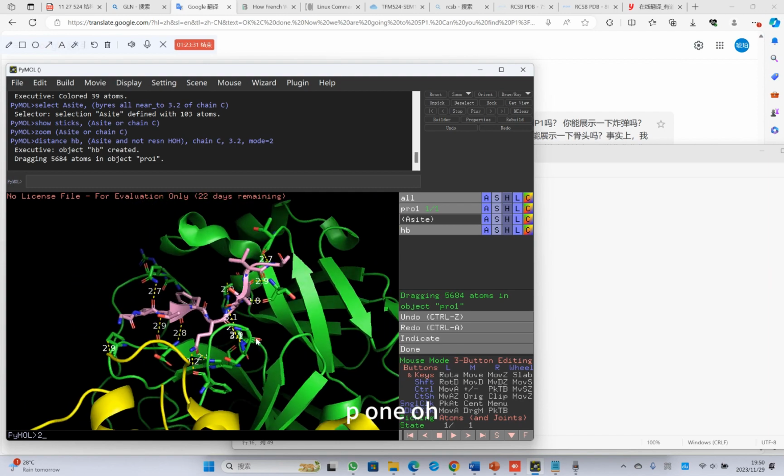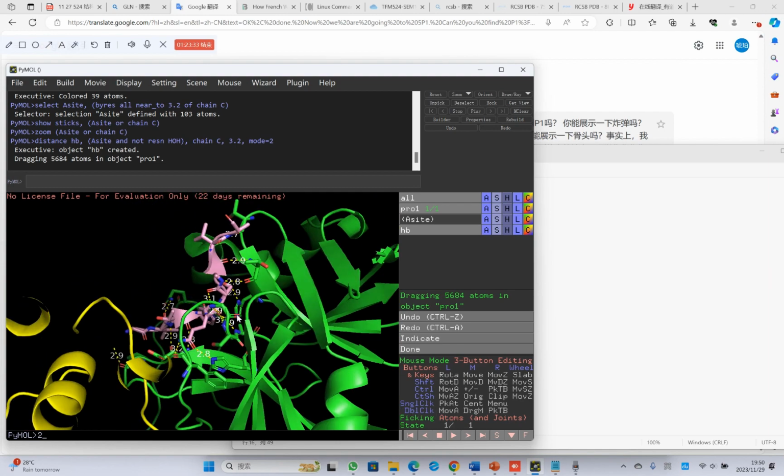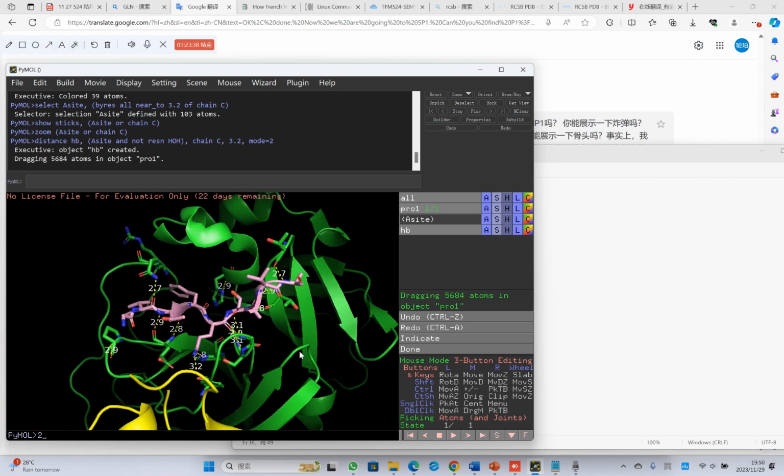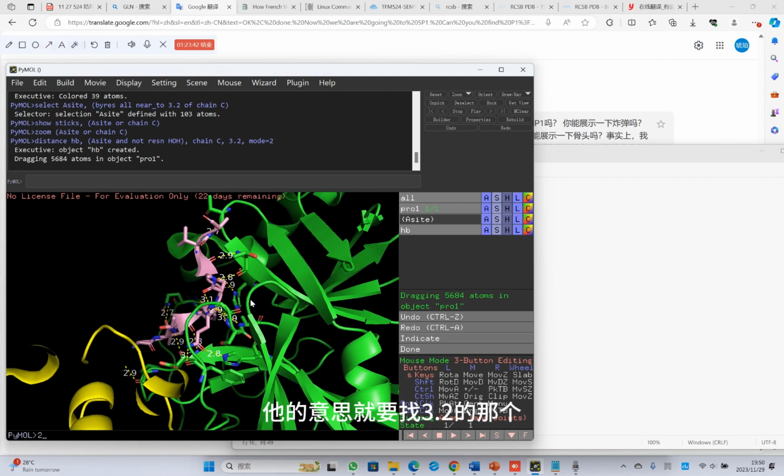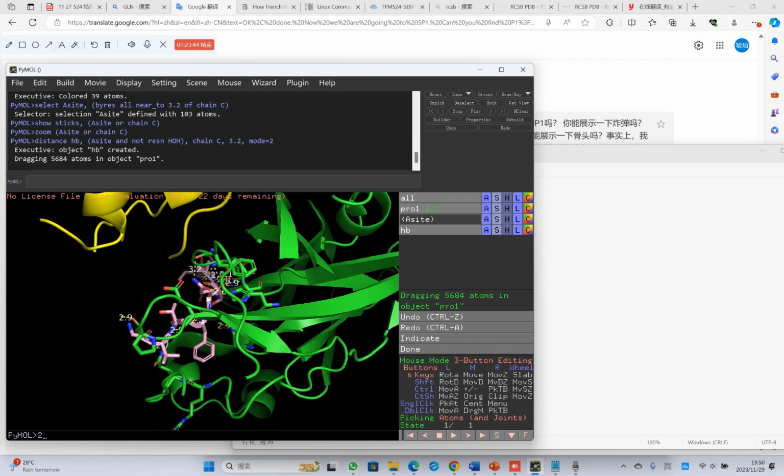P1. Minus 3 times. Okay, wait and see. Right. He means find the 3.2 one. Can you show the distance? This is its previous site, find this P1.